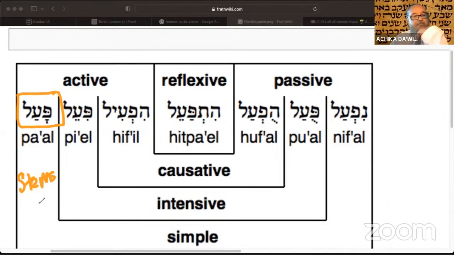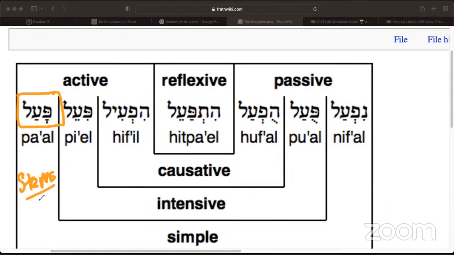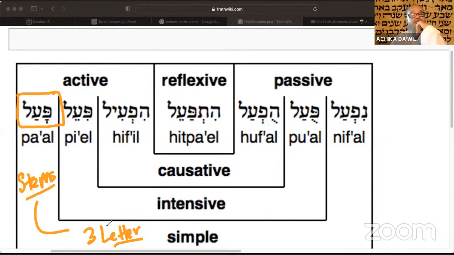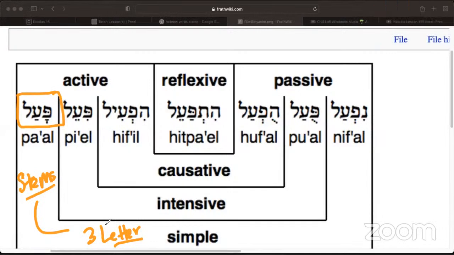So that really helped me with identifying the pa'al. If I know that it's this, I just know to say it for any verb. And I know that it's in the simple form. And I know that it's active.